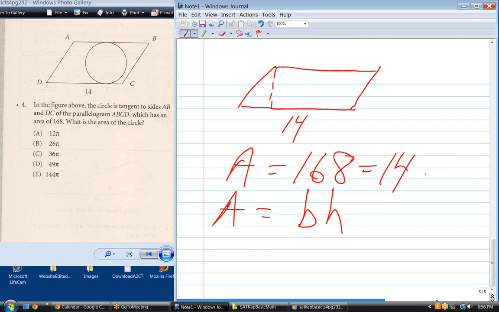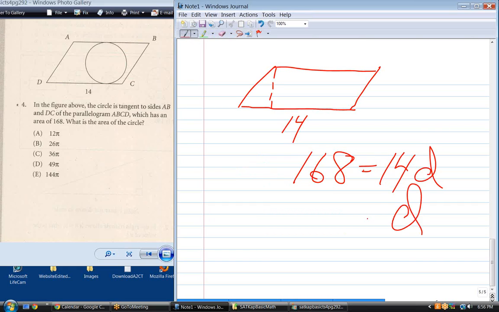The diameter of that circle. Okay? So if I've got 168 equals 14 times the diameter, the diameter has to equal 12, making the radius of the circle 6. What's the area of the circle? 36 pi. Uh-huh. Cool.